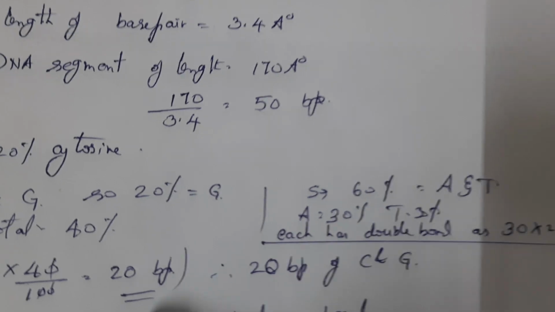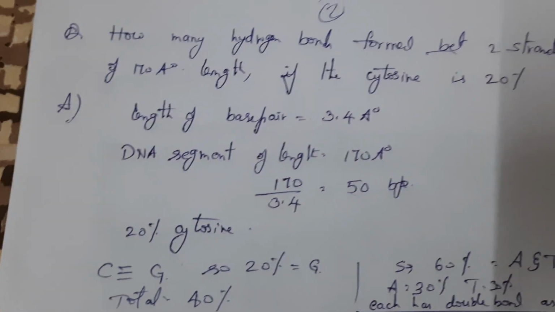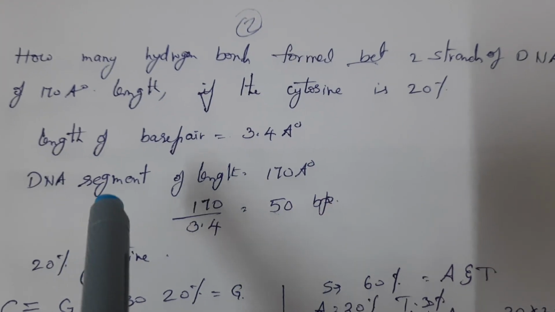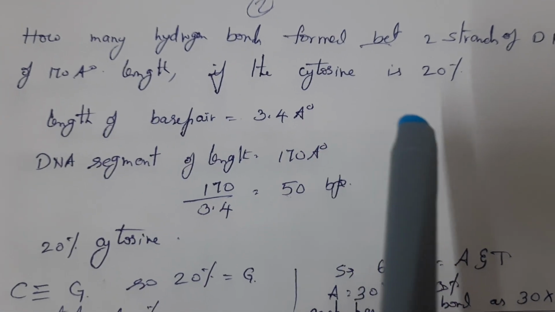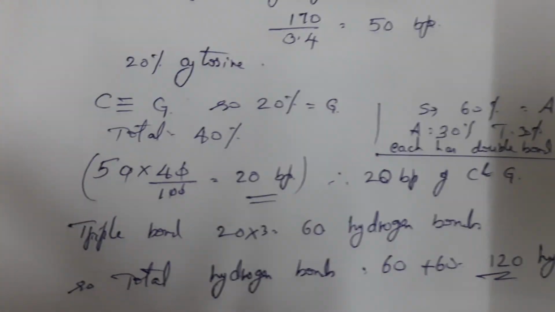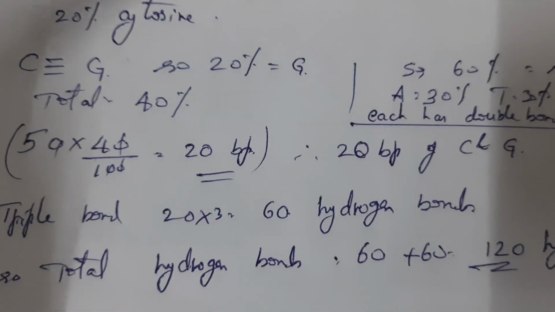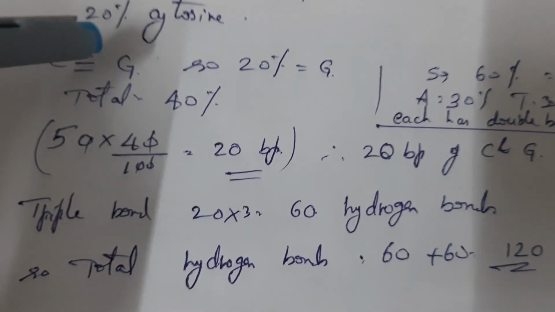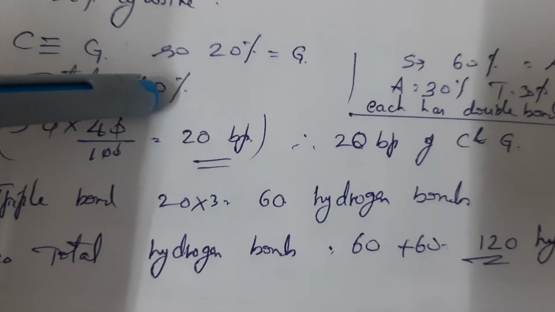What they are asking is the number of hydrogen bonds formed between the two strands. Guanine always pairs up with cytosine with the triple bond. That means 3 hydrogen bonds. So here the total is 40% now.